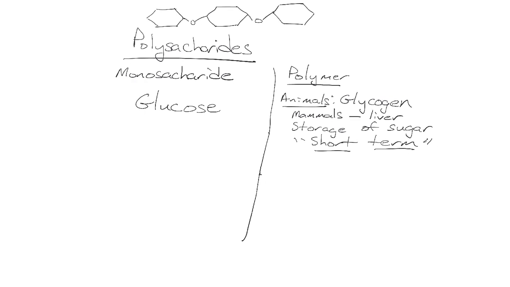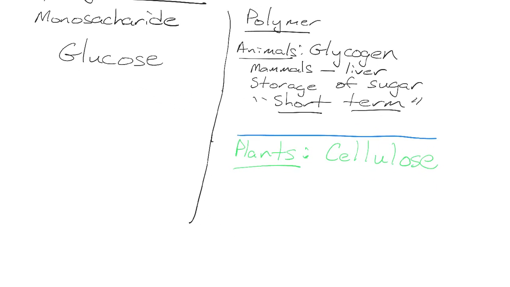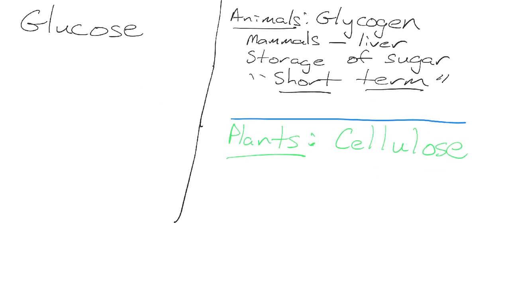If it's glucose and it's in plants, now things get a little more complicated. In plants, you have something called cellulose, which we've mentioned before. You're writing on it. It's what we make paper out of. Literally, the stuff you're writing on is sugar. Wood, what you're sitting on, is sugar.